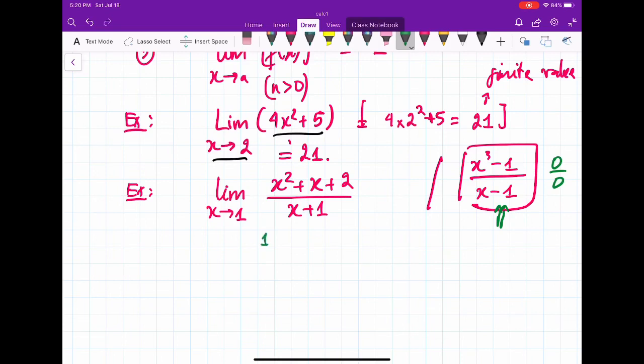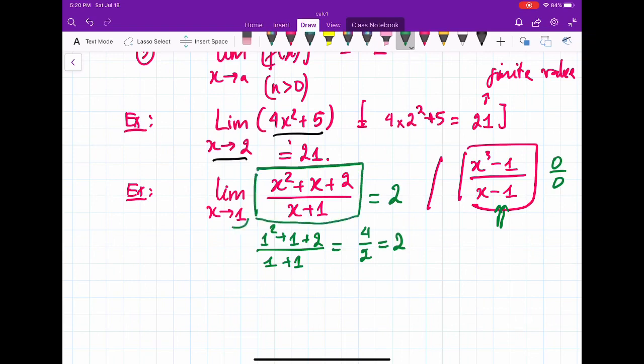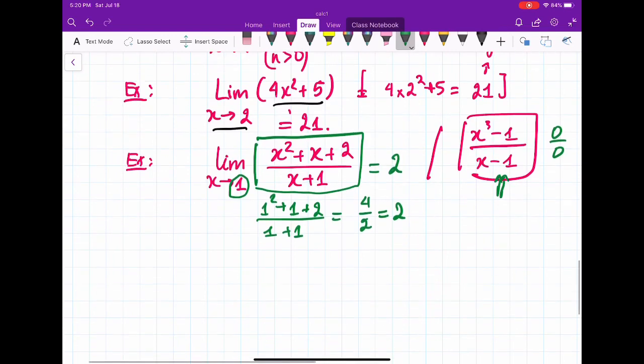You got 1 squared plus 1 plus 2 over 1 plus 1. You see, everything is good. So you get 4 over 2, which is 2. And the limit is 2. Done. The reason for this is that this function is defined at 1. The function is not defined at -1, but it is defined at 1. Agree? So what happened at -1?